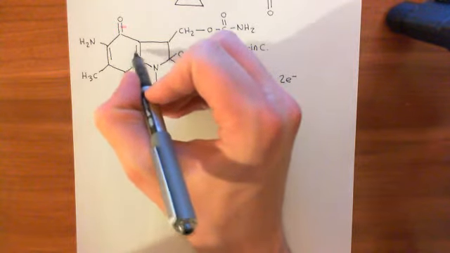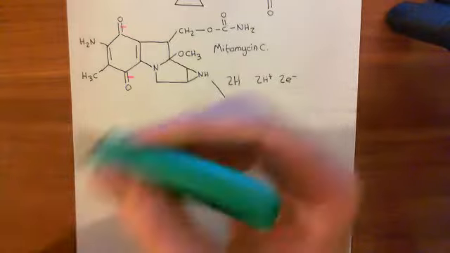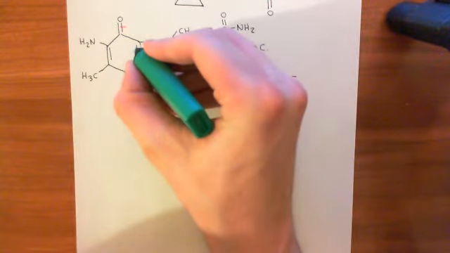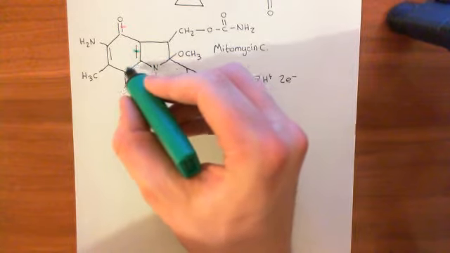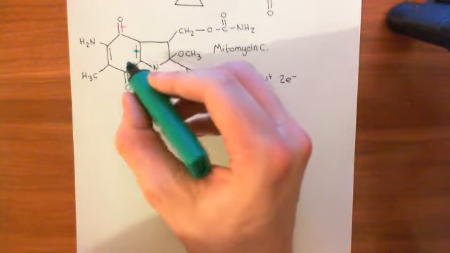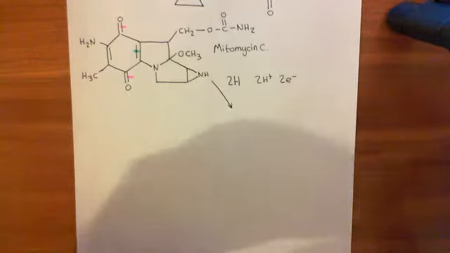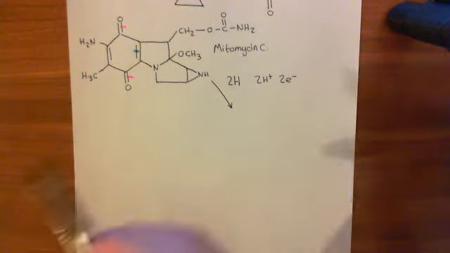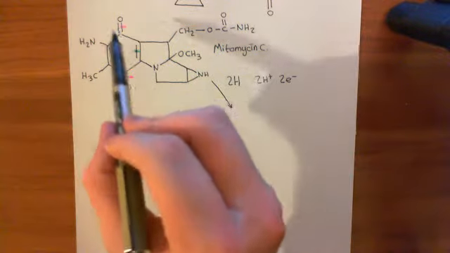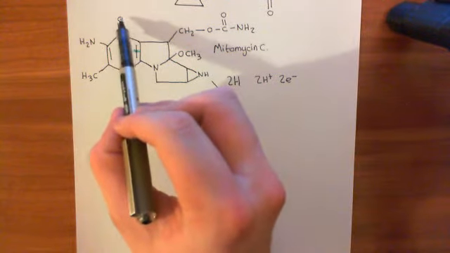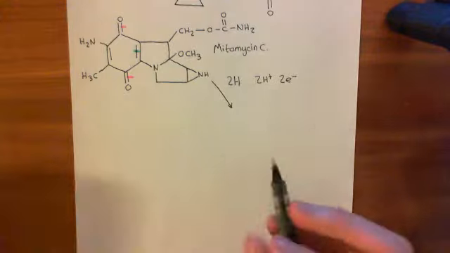So this will break, okay, so let me show this happening. So this is also going to break, but then this carbon will form a double bond with this carbon, basically. So that then is going to make everything nice and equal, except for the fact that these oxygens have now got free electrons. Well, they're going to bind with the hydrogens. So you're going to bind 1 hydrogen atom on here and 1 hydrogen atom on here.